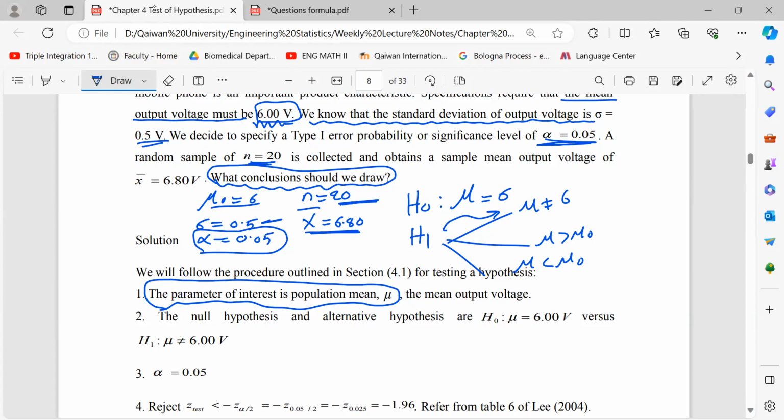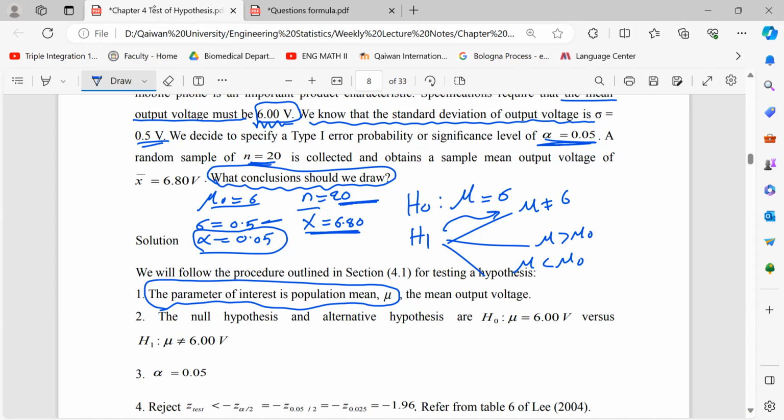But if you have the difference of the means of two populations, which you will study later on, we say the parameter of interest is the difference of population means, mu1 minus mu2. For the variance, in the case where the null hypothesis is about variance, we say the parameter of interest is the variance of the population.